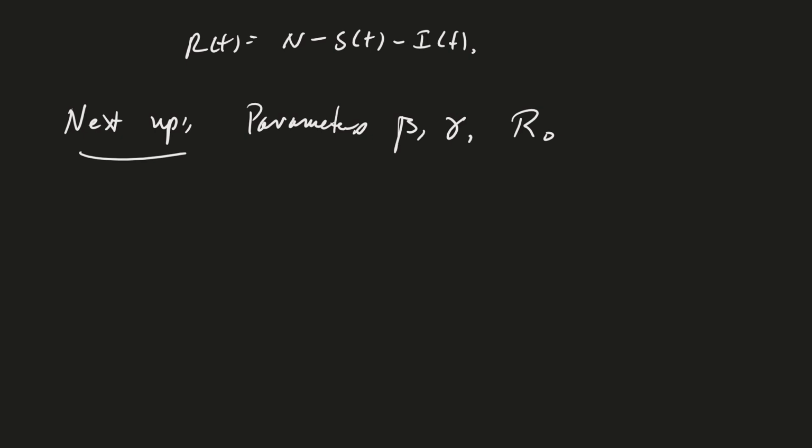That's the basic reproductive number. You may have heard a lot of news about this number in the beginning of our pandemic. There was a lot of talk about what this R0 is. Okay, so we'll discuss that in the next video. See you then.